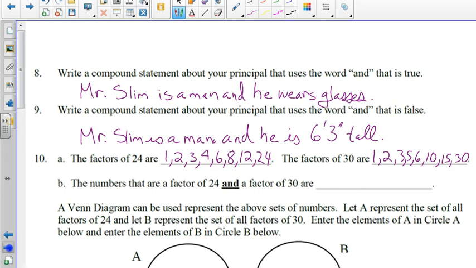The numbers that are a factor of 24 and a factor of 30 are 1, 2, 3, 6. Any others? That's it. A Venn diagram could be used to represent the above sets of numbers.